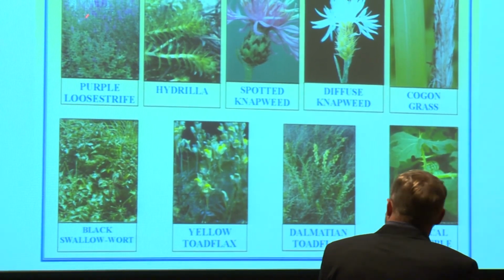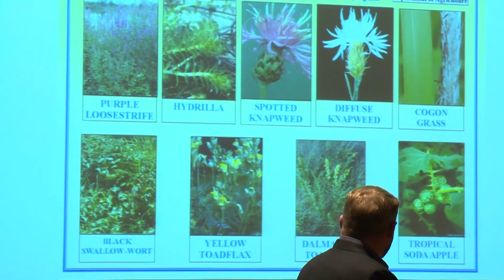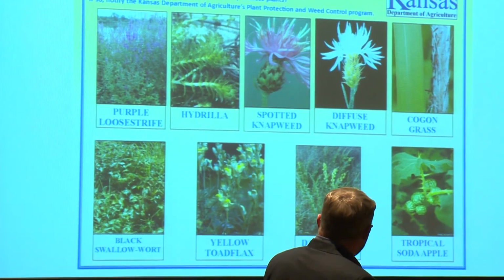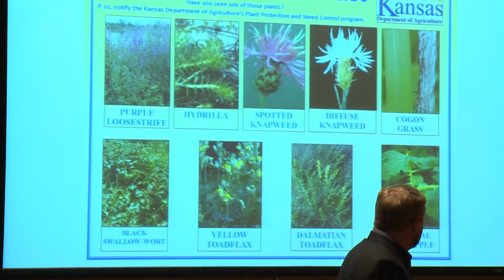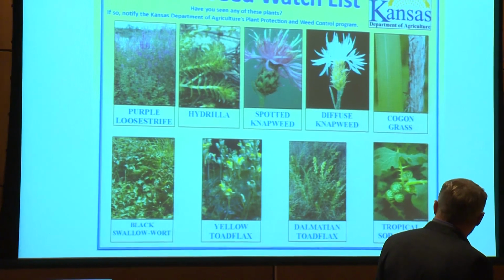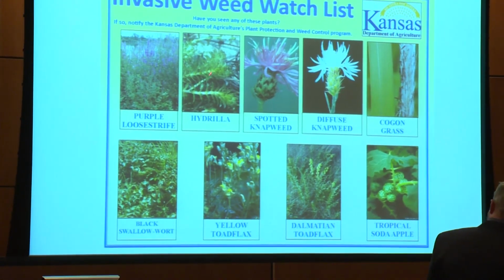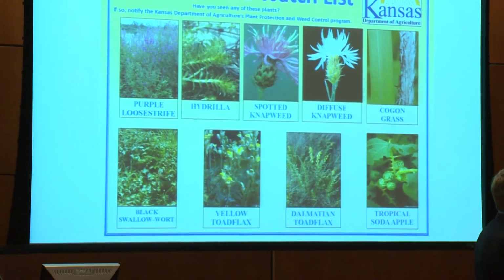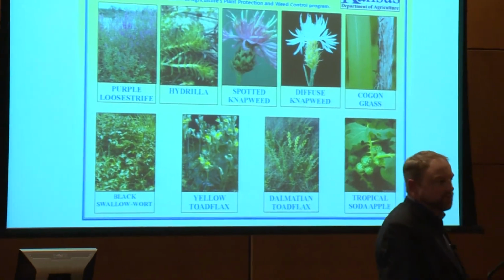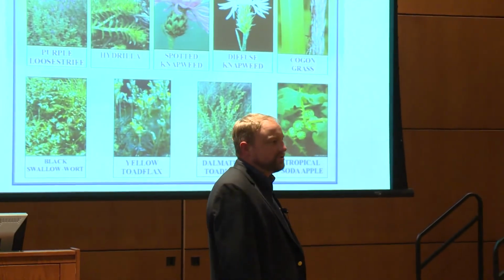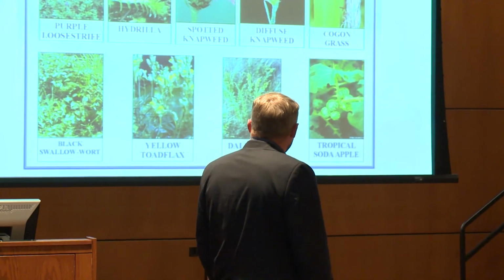Some of these you'll remember from earlier in the talk that are on the federal noxious weed list, on our quarantine list. Hydrilla is also on the federal noxious weed list. It is one of those aquatic species that was introduced through the aquarium trade.